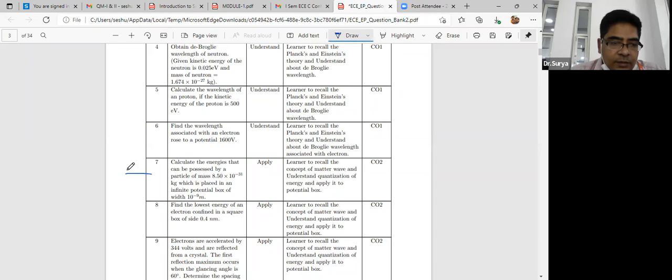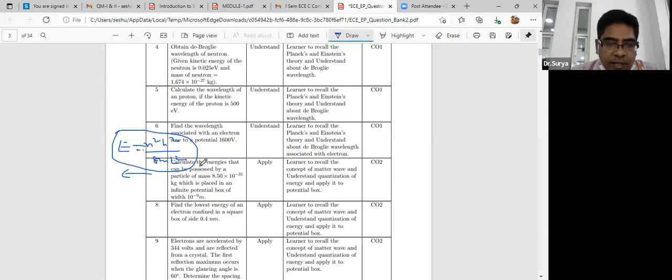For this question you have to use the expression E equals n square h square by 8mL square. Am I right? Did you find this relation somewhere, that is E equals n square h square by 8mL square?